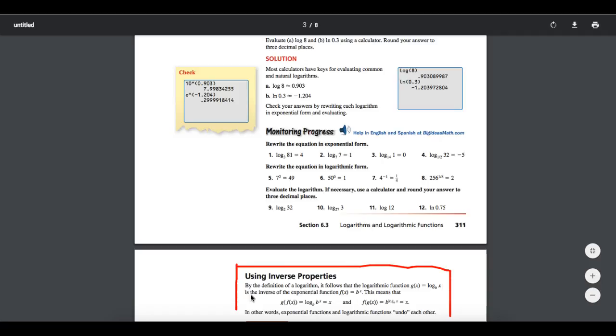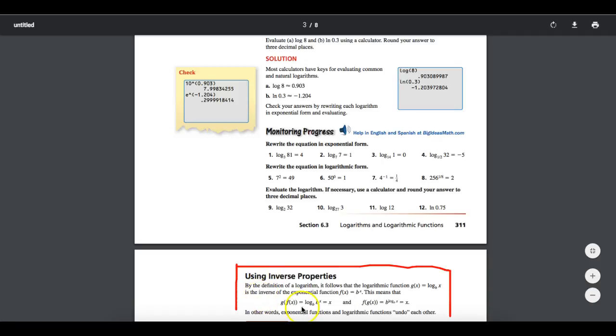That is the inverse function of b to the x. So if we take our function g and plug in f of x, we would get log base b of b to the x equals x, and b to the log base b of x equals x.